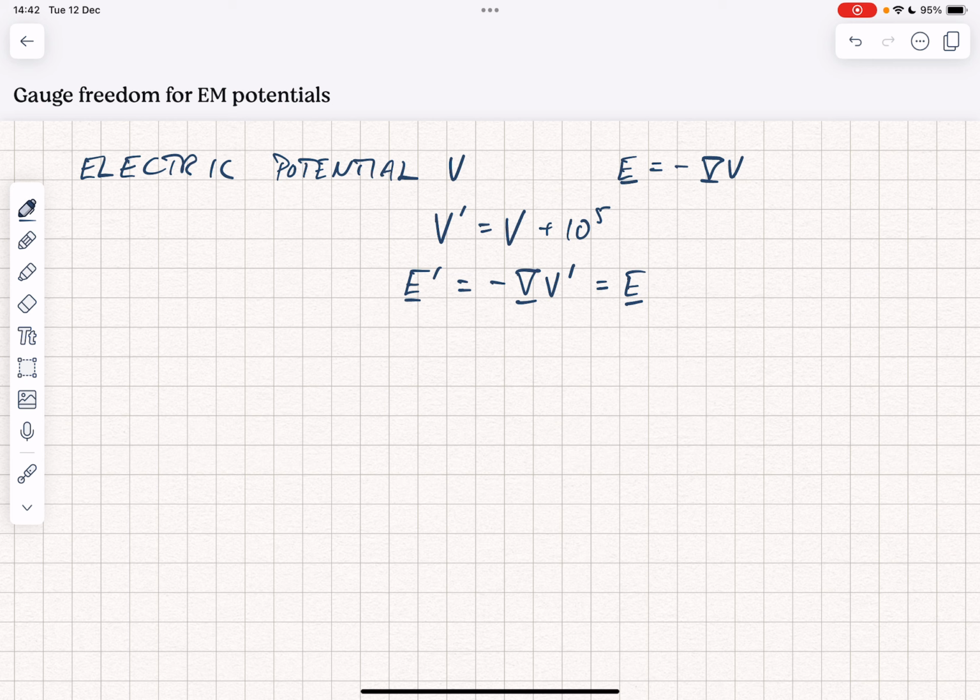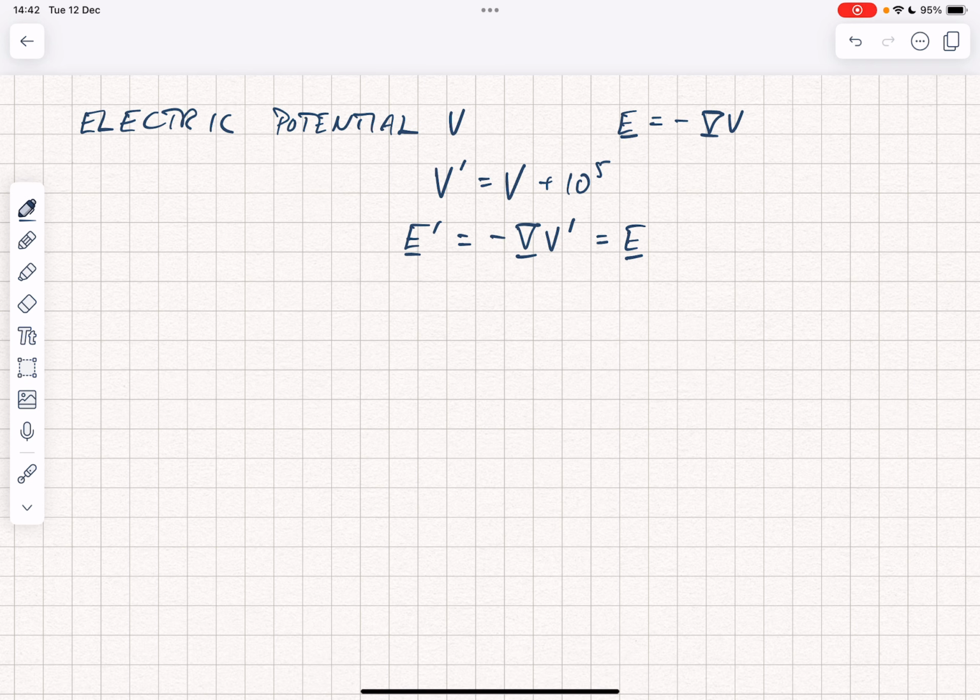So I've introduced the concept of freedom in setting the potentials. In the scalar potential, it's fairly simple to understand. It's just a number that's defined as the 0 point. When we turn to the vector potential, it becomes just a little bit more complex.